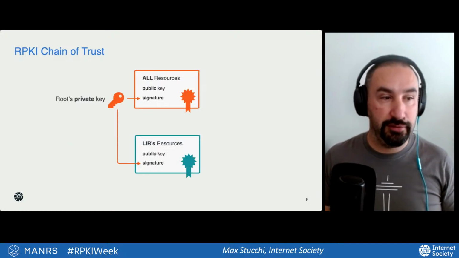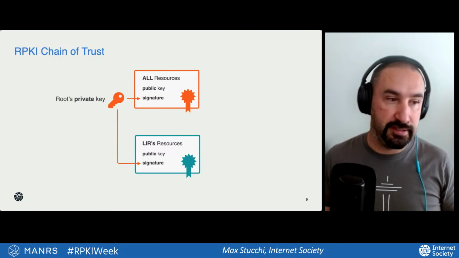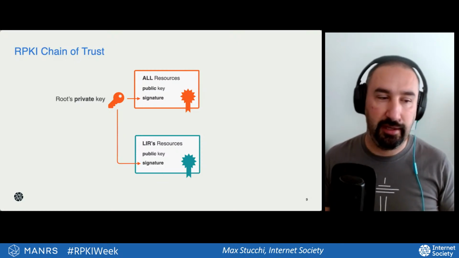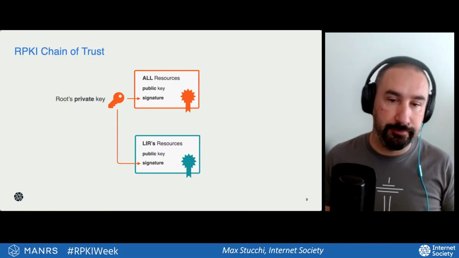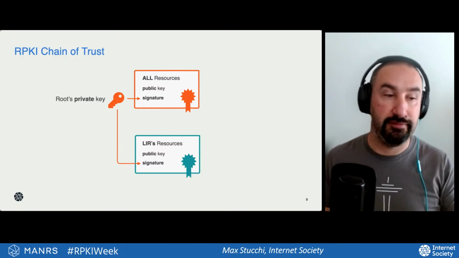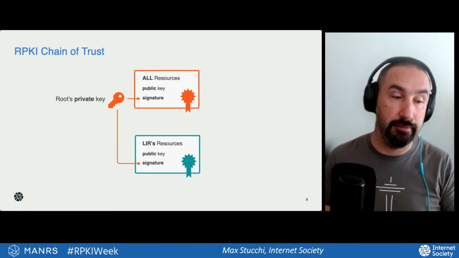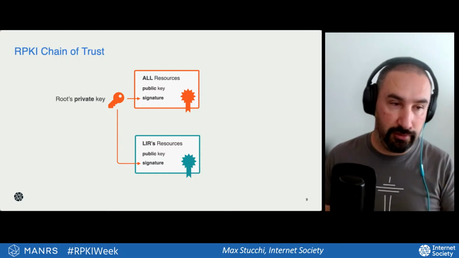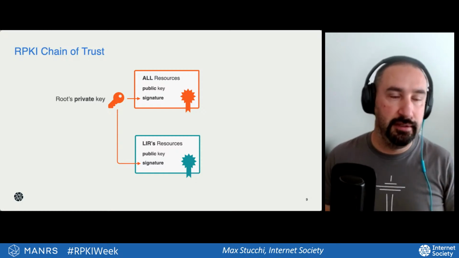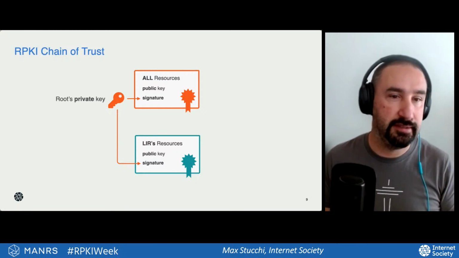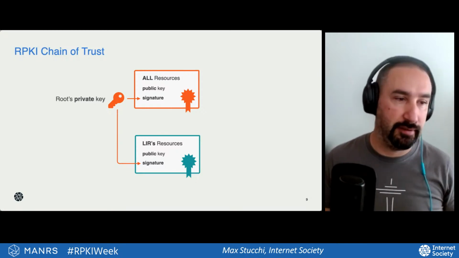And the two are connected together. So there is a signature from the root that enables us to say this certificate authority, this certificate from the member, is truthful, is okay, we can trust it. So we start here with building our chain of trust. That's the fundamental part of RPKI.